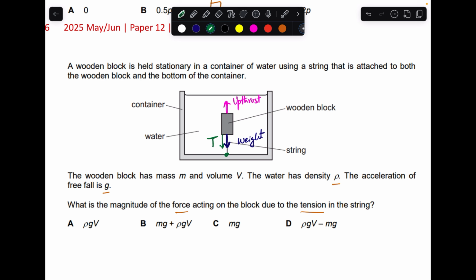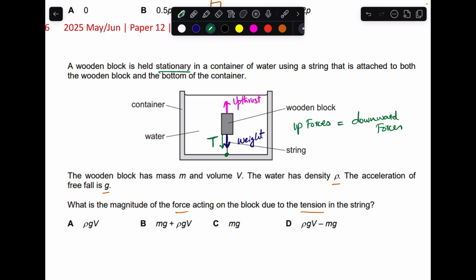So if you see, one force is upward and two forces are acting downward, and this thing is not moving, it is stationary, right? It is in equilibrium. So it means upward forces should be equal to downward forces.